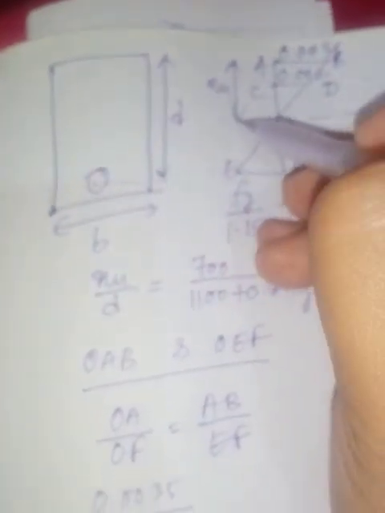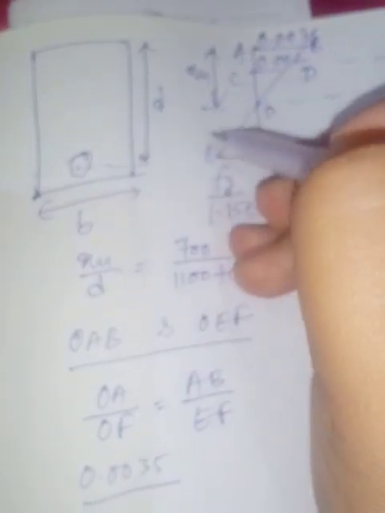0.0035 ratio OF value is, see, this is the neutral axis, means from the top the value is Xu, the depth of the neutral axis. Total is d, so up to the neutral axis this value will be d subtract Xu.